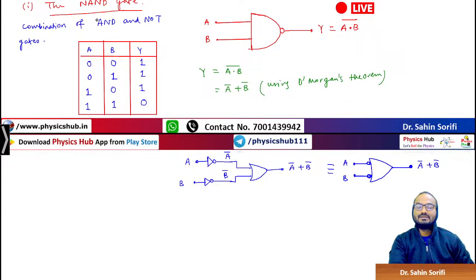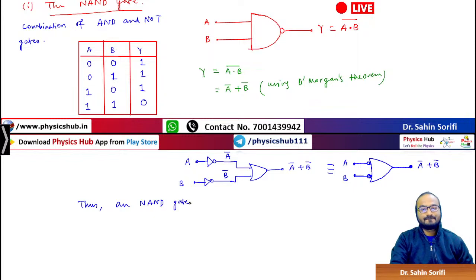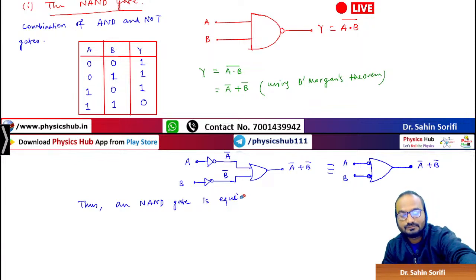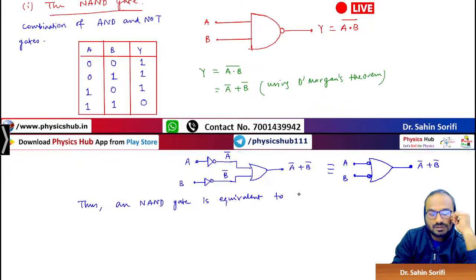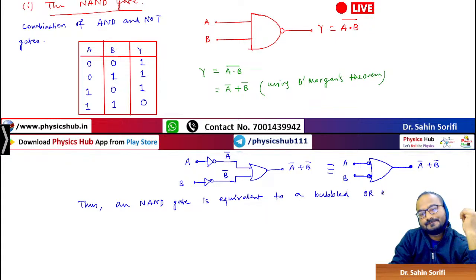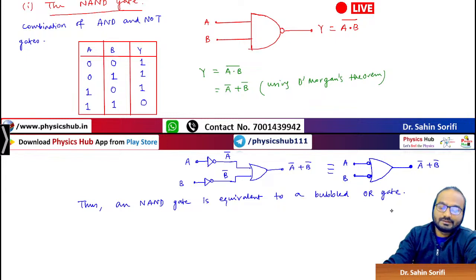So, NAND gate is nothing but a bubbled OR gate. Thus, a NAND gate is equivalent to a bubbled OR gate. Is it clear or not?